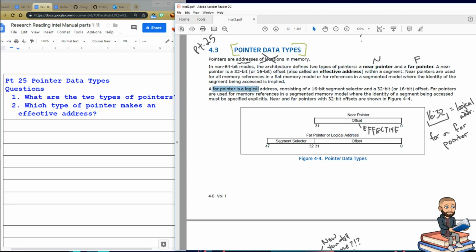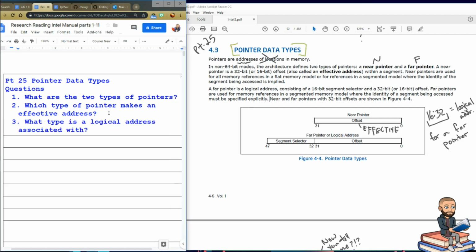Now a far pointer is a logical address consisting of a 16-bit segment selector and a 32-bit offset. Far pointers are used for memory references in a segmented memory model where the identity of a segment being accessed must be specified explicitly. So remember, the computer can implicitly decide an address, or the program can explicitly do that.